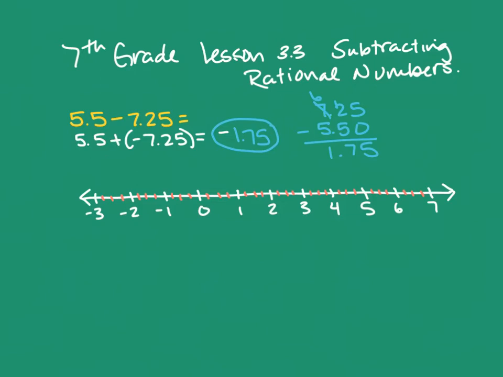So 5, 1, 2, 3, 4, 5, and then halfway, 0.5 is halfway, right? So I'm going to mark right there. That is 5.5. And from there, they want me to take 7 whole and a quarter more, 7.25, away.